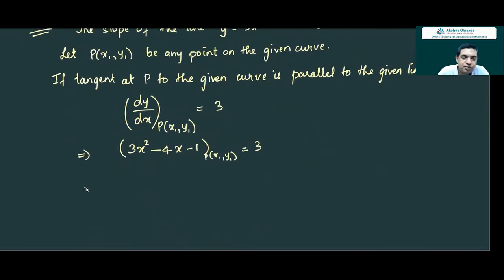Let's substitute. We'll get 3x1 square minus 4x1 minus 1 is equal to 3. So what do you get? 3x1 square minus 4x1 minus 4 is equal to 0.